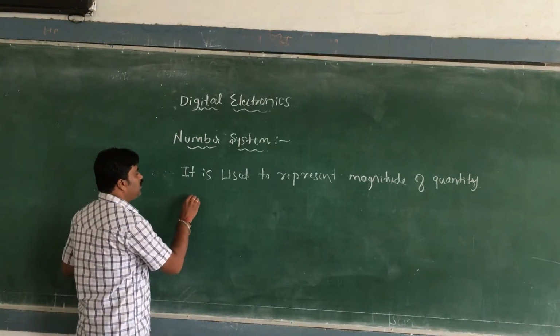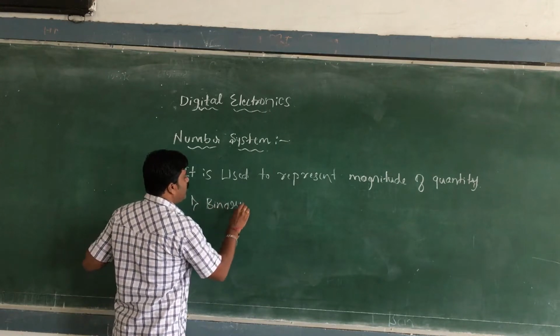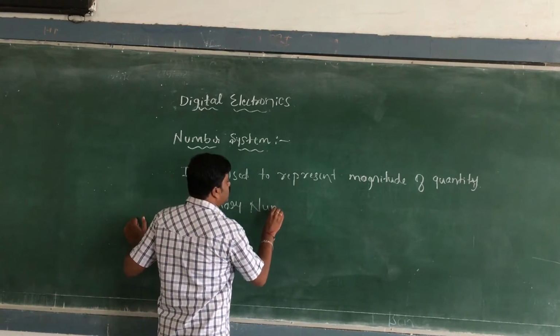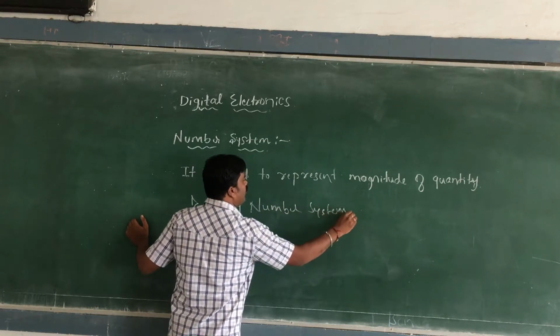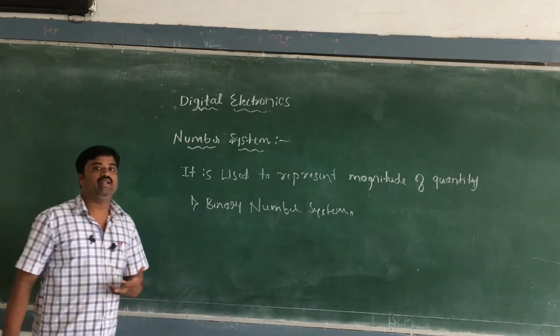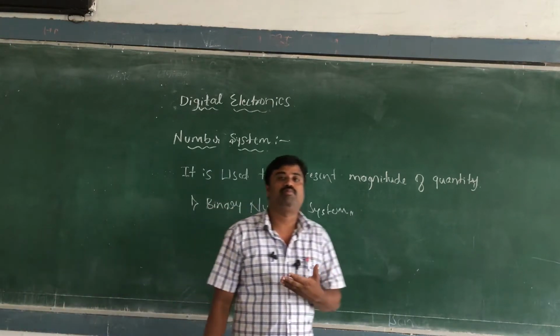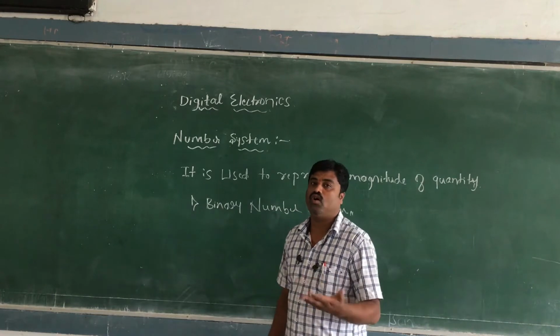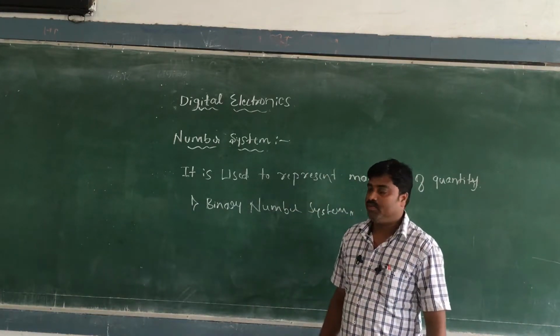So the first one is the binary number system. What do you mean by binary number system? A number system which has a base or radix value of 2 is called a binary number system.